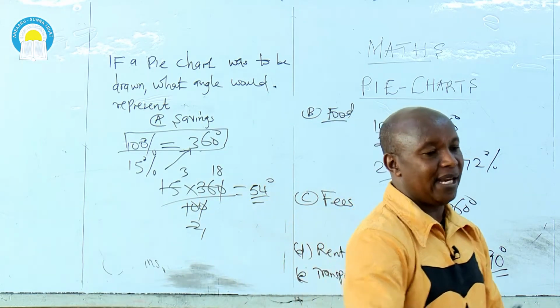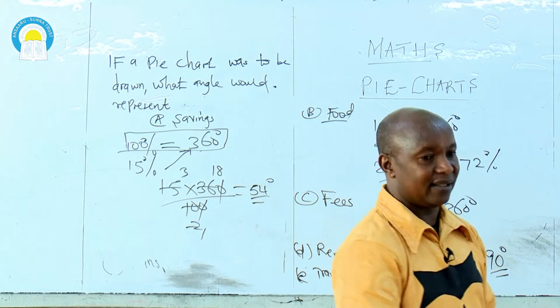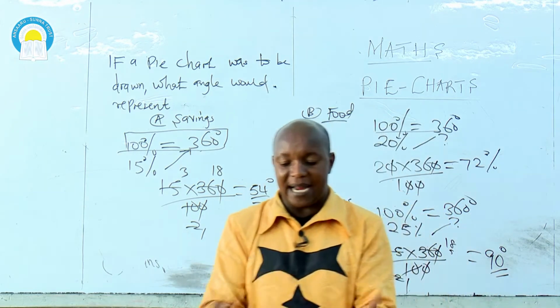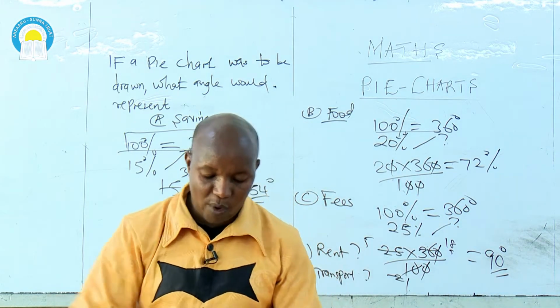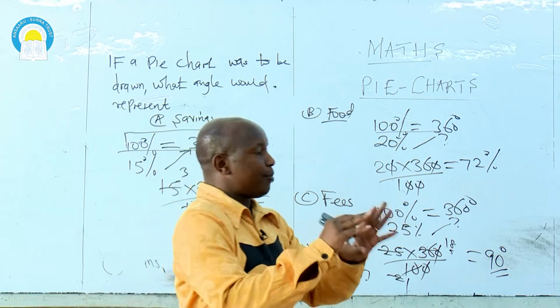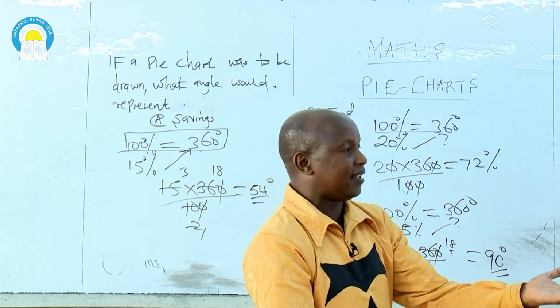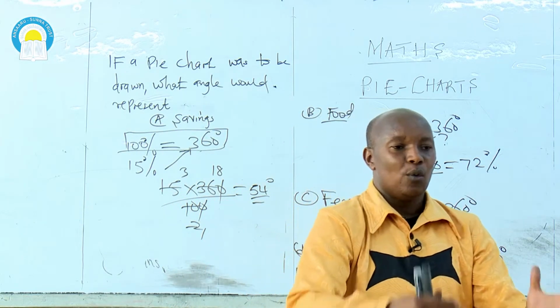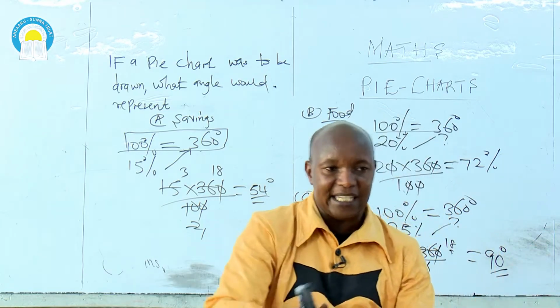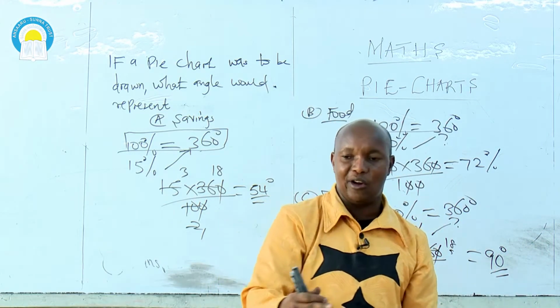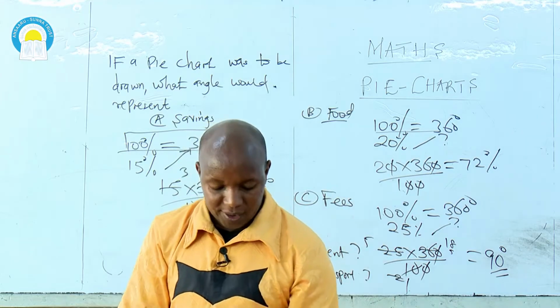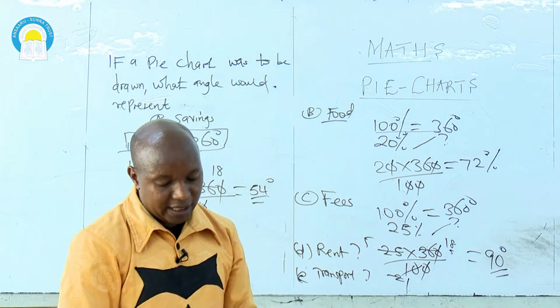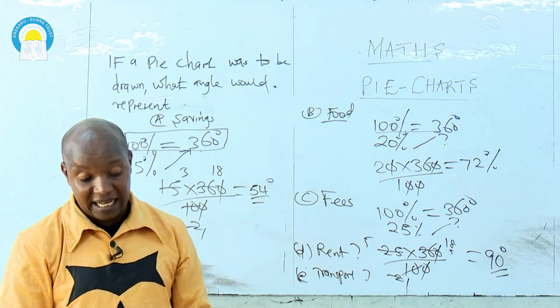Assume you have many colors. You can also represent your colors in a pie chart. When you do an exam, you can also represent your total marks in a pie chart. Then you can get what angle is representing mathematics, what angle is representing Kiswahili. So you can represent whatever you need in your daily life.